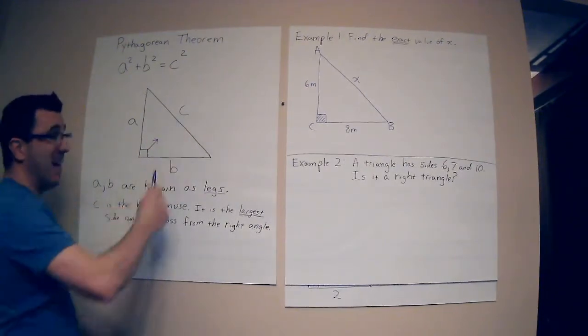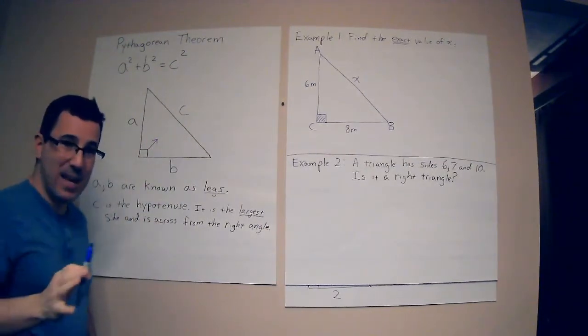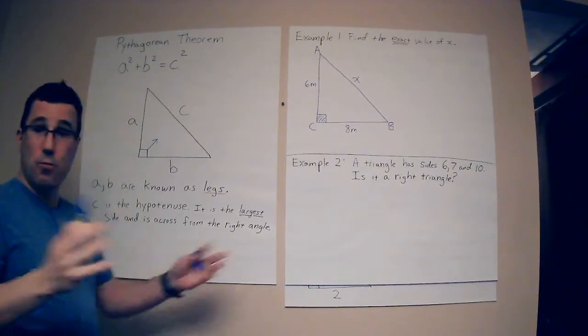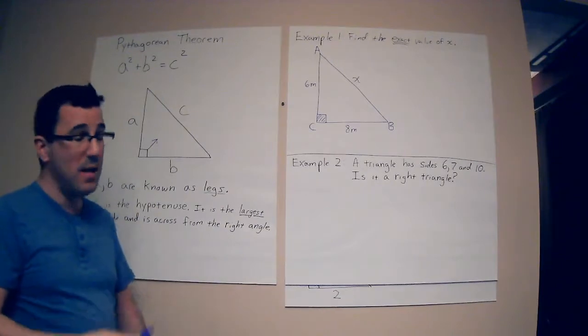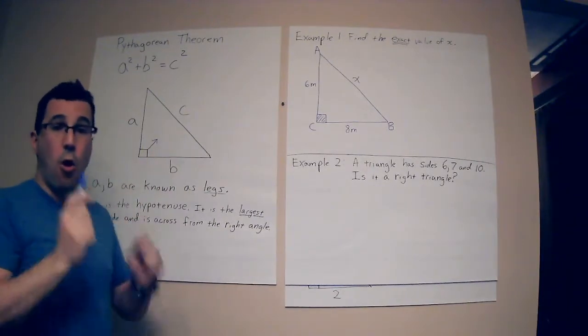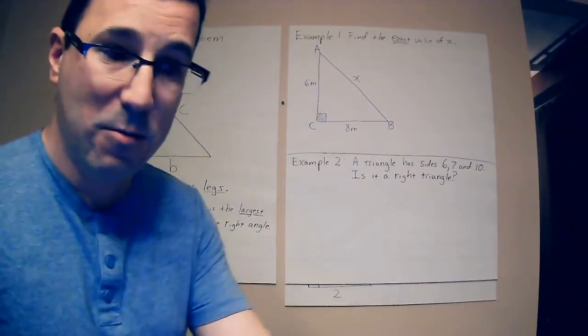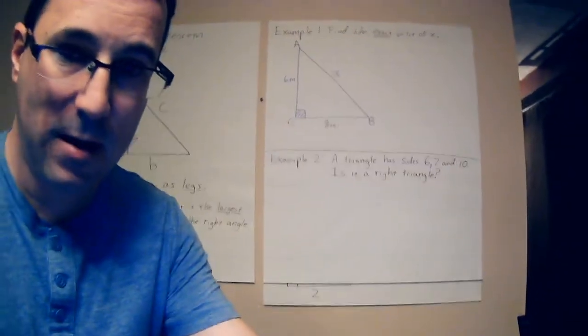And this side is always c. That longest side is always c. The other two, we can change which one's a and which one's b, but the longest side always has to be our c.